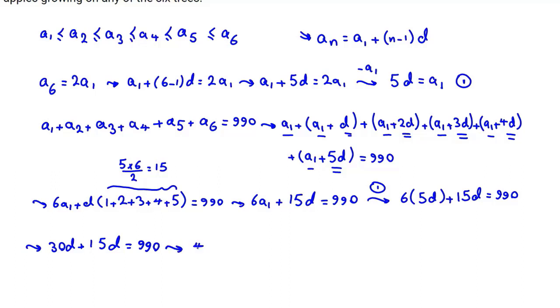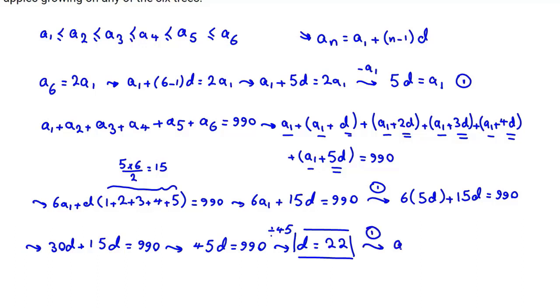In the next step, 45d equals 990. If we divide both sides by 45, it will be 22. So the first variable we need is 22. If we use the first equation again, a1 equals 5d equals 5 times 22 equals 110.